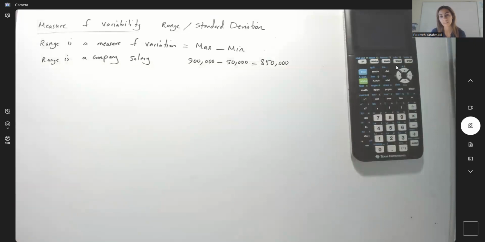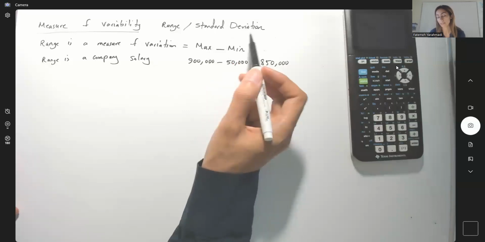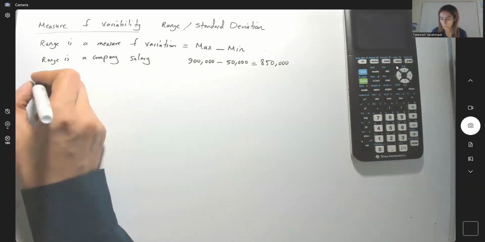What you need as a statistician is another measure of variability, like what? Like the standard deviation. What does the standard deviation do? It takes all salaries in your sample and finds the average distance to the center of the data.